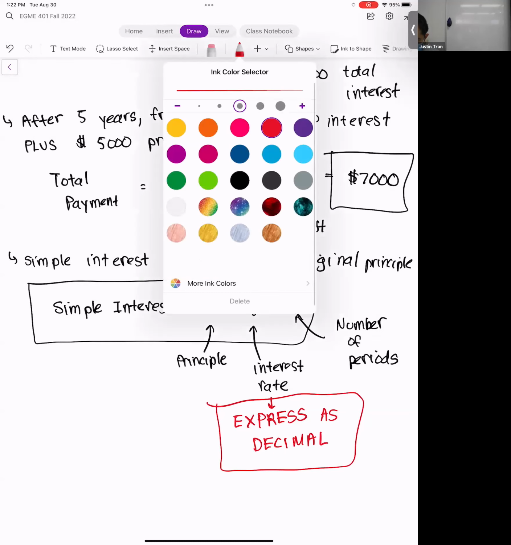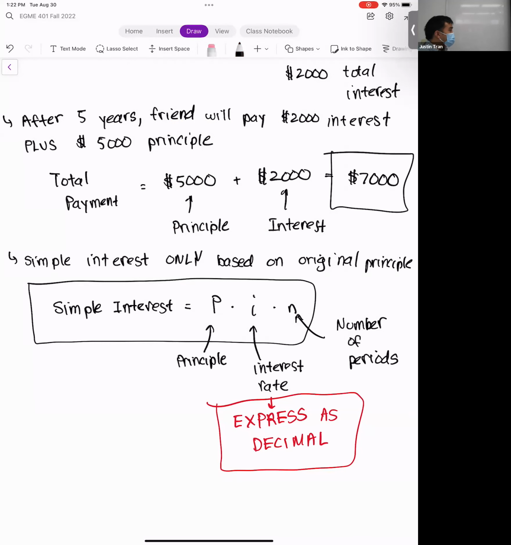In the previous problem, we had an 8% interest rate. If you plug in 8 for I right there, your friend is going to think that you're scamming him because he's going to owe you like $200,000. If you have a nice friend and he makes it big, maybe you charge him that much, but usually the interest rates are expressed as decimals.